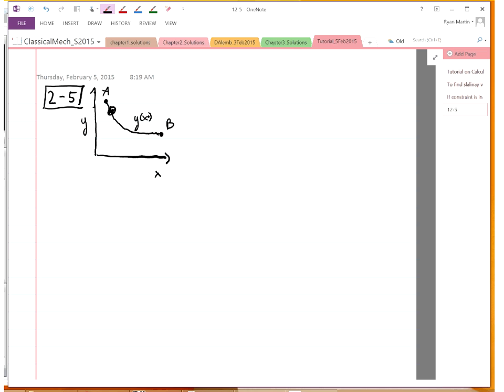So this is an optimization problem, and it can be solved with the techniques of the calculus of variation. What we found in the notes, for example 2.4, is that the time to go from A to B is given by an integral from xa to xb.